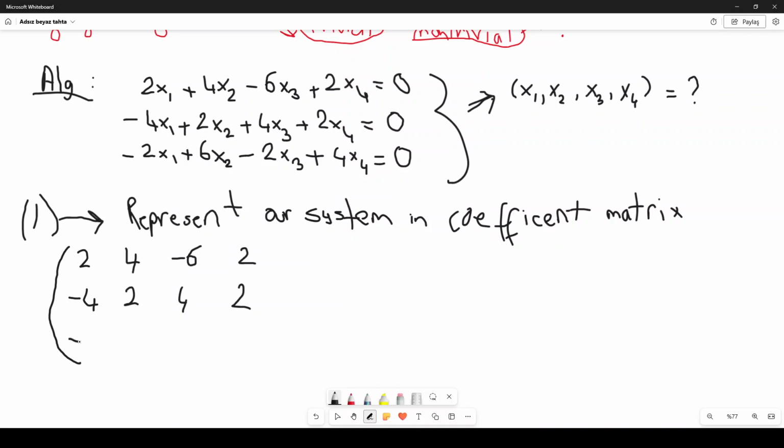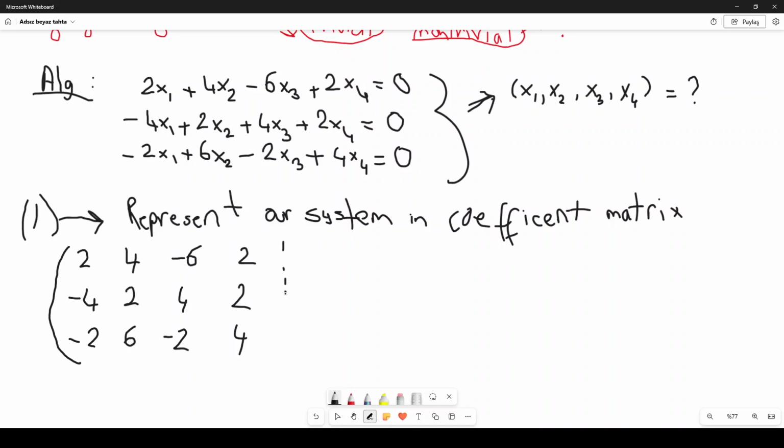And for the third equation we got -2, 6, -2, and 4. Here's the thing, guys. I didn't represent our system in the augmented matrix form this time. Rather, I preferred writing our system in the coefficient matrix form.